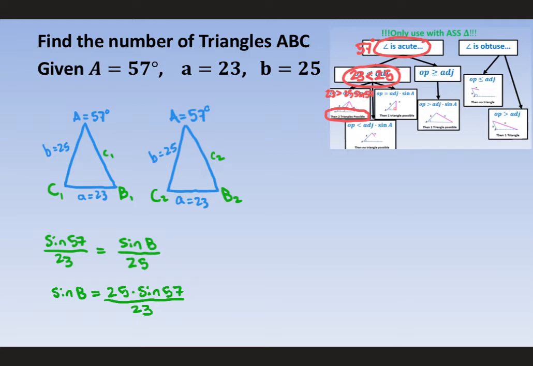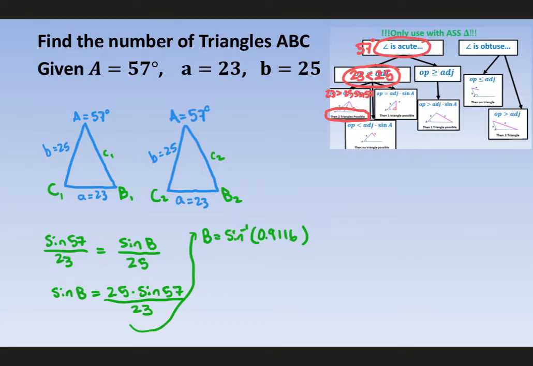Okay, and this is where I'm going to need to do a little math. I'll pull my calculator out to get big B. I'm going to do the inverse sine, and I'll get big B equals the inverse sine of, and I'll plug that big old fraction into my calculator real quick. And I got 0.9116. So I plugged this big fractiony piece in, and I got this decimal. And then I took the inverse sine of both sides.